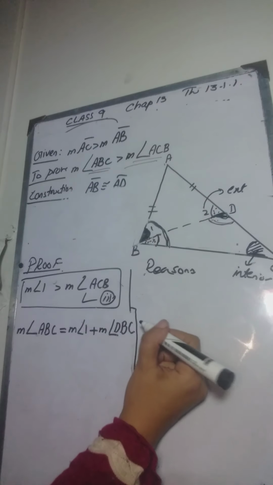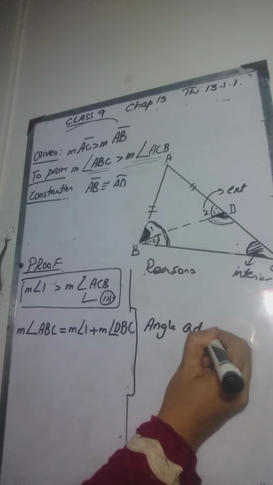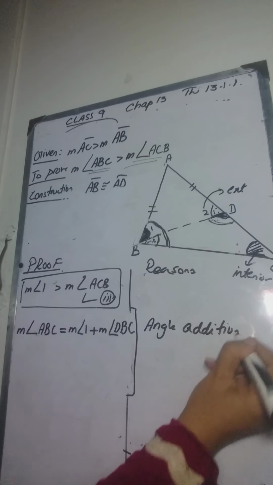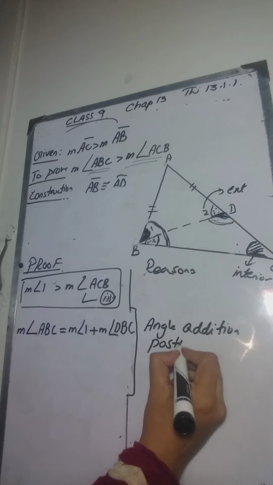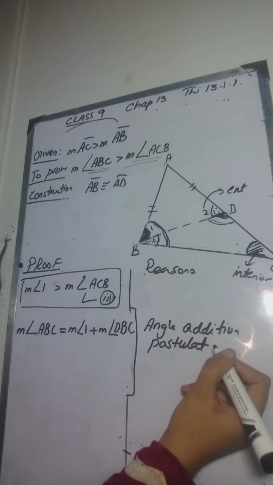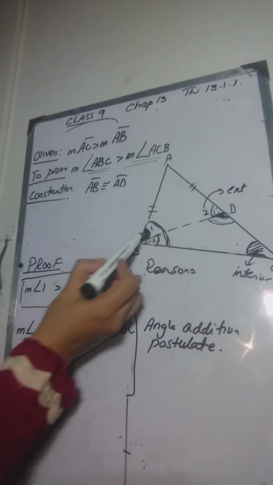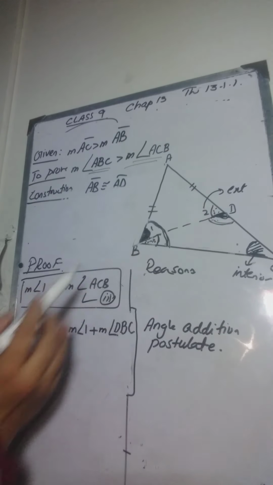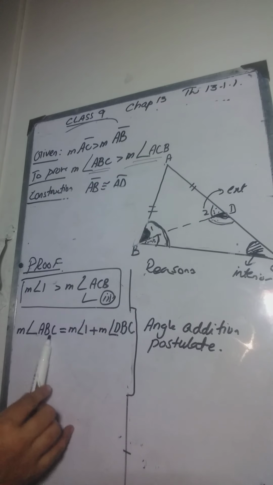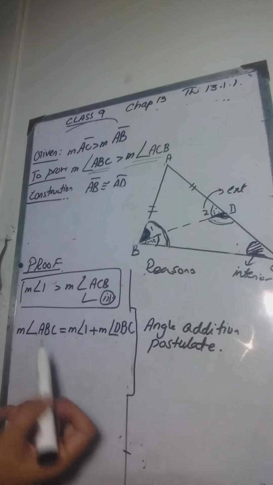This is the angle addition postulate. Because these two angles add up to give angle B, angle ABC can be written as the sum of these two angles. This postulate is called the angle addition postulate.